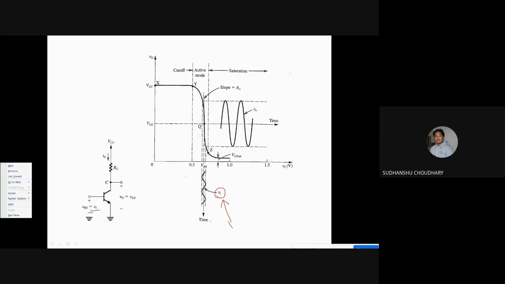Now before that, one would like to plot the VTC, that is the voltage transfer characteristics of the BJT, which is simply a plot of the output voltage, which is appearing here, VCE, that is a plot of V0 versus VI, the input voltage.